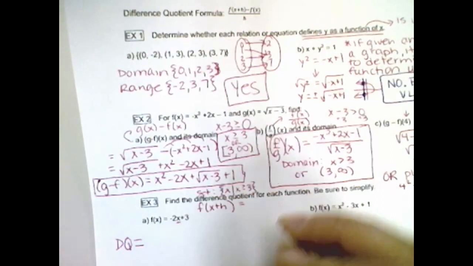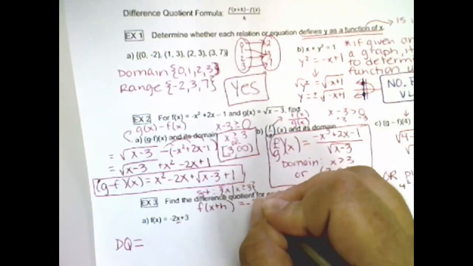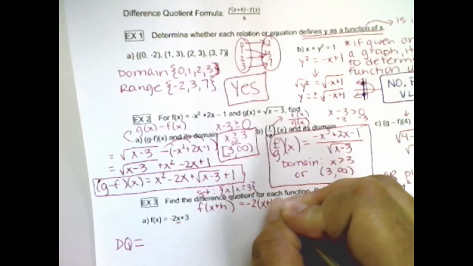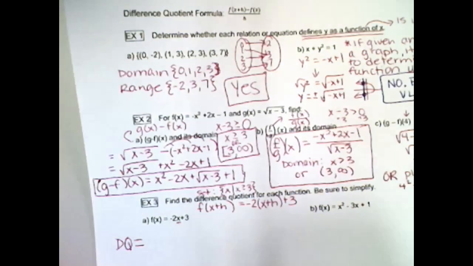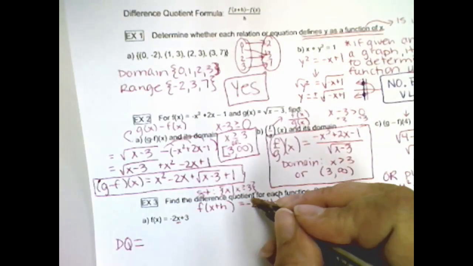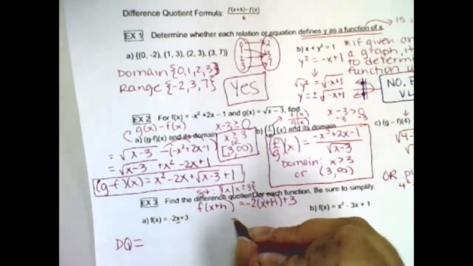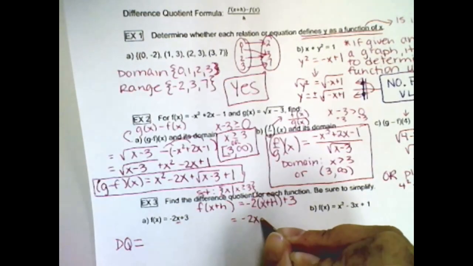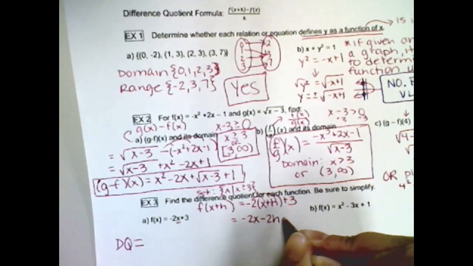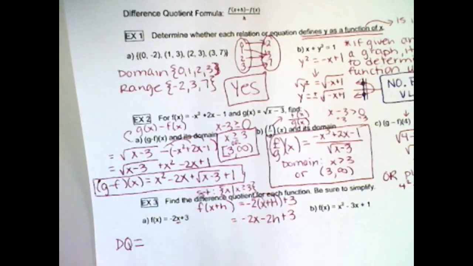So negative 2 times x plus h plus 3. And I'm going to simplify it. So distribute negative 2x minus 2h plus 3. None of those are like terms, so there's nothing else I can do with that.